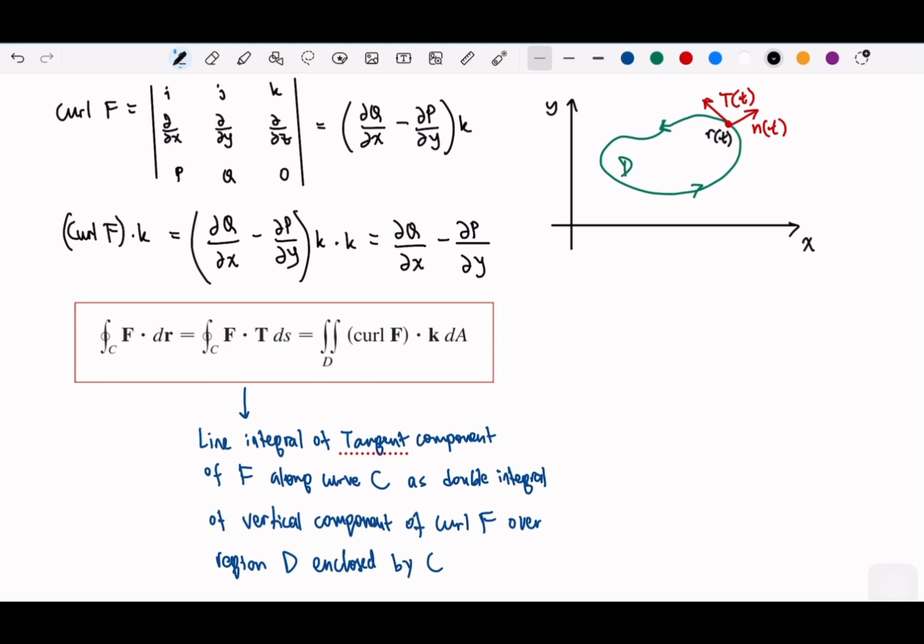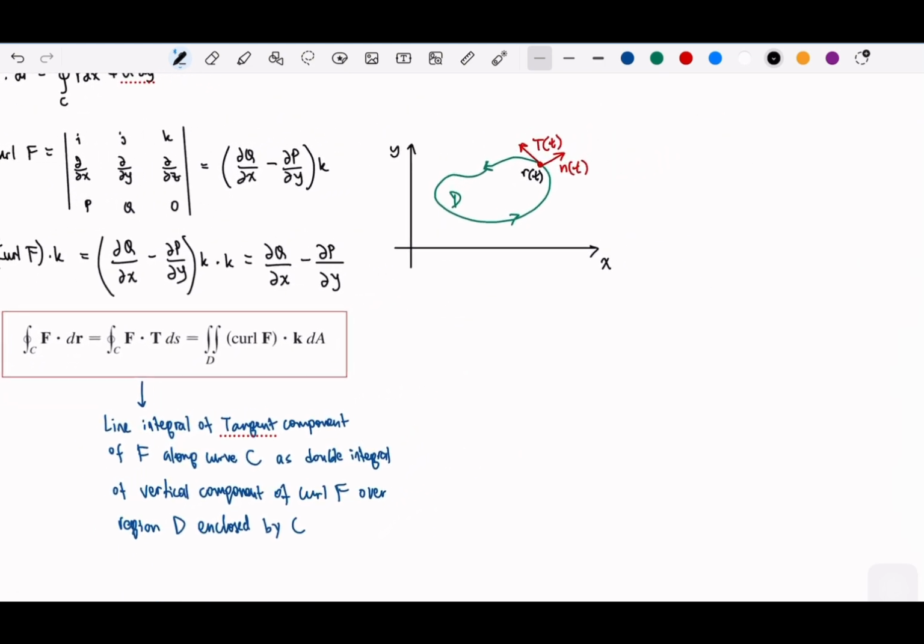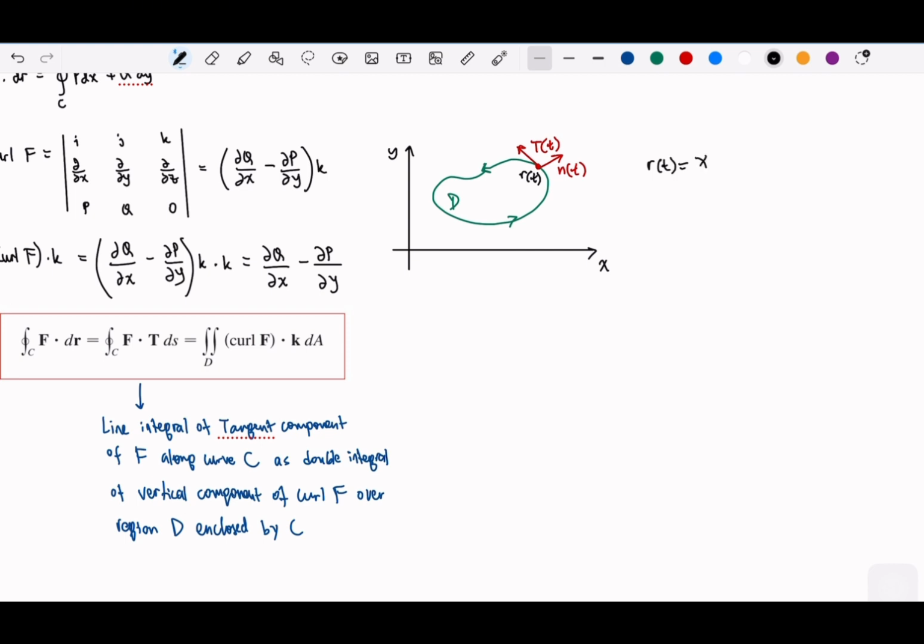Okay. Suppose that we have r(t), let's say we have parametric, and let's say we have parameter from a to b. And if you remember, the tangent unit vector is basically the derivative of each axis divided by the magnitude of r prime, which is the square root of x prime squared plus y prime squared.